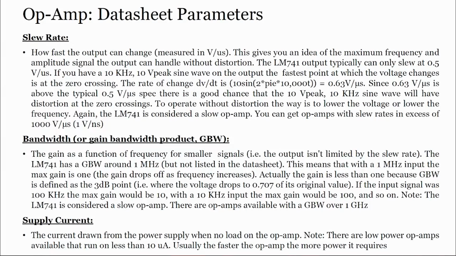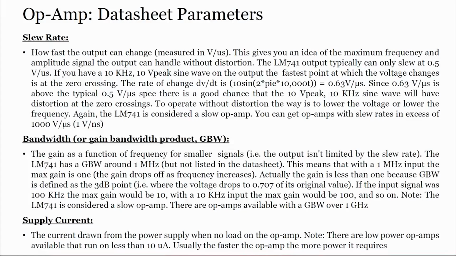If the input signal was 100 kilohertz, the maximum gain would be 10. With a 10 kilohertz input, the maximum gain would be 100, and so on. This is how the gain bandwidth product is defined, and the LM741 is again considered a slow op amp. There are op amps available with a gain bandwidth product of around and over 1 gigahertz.